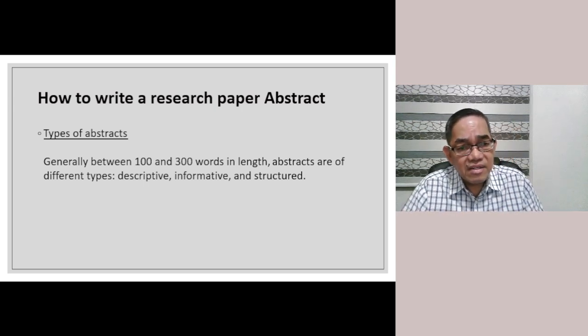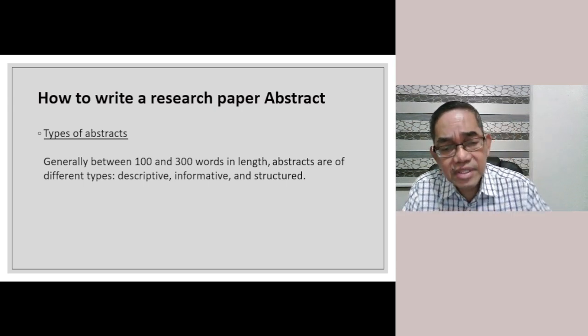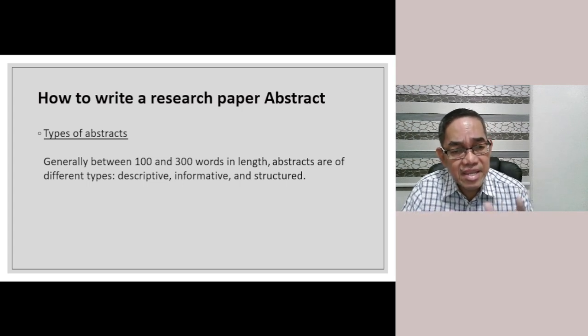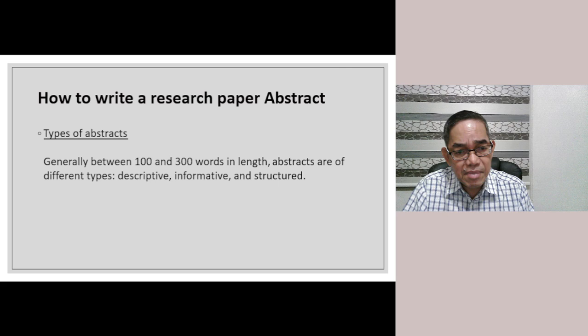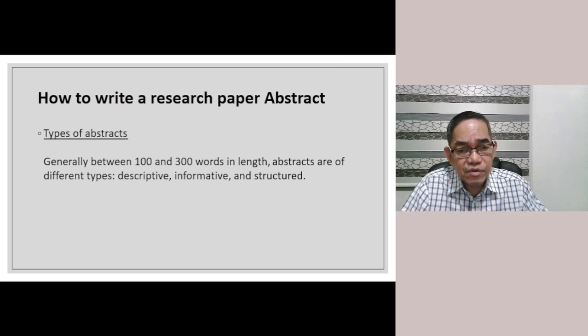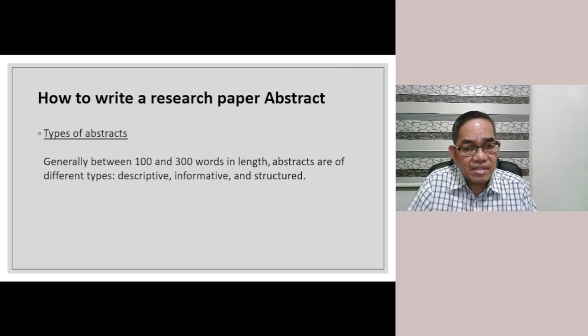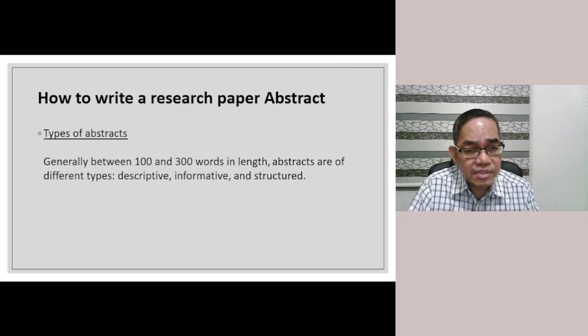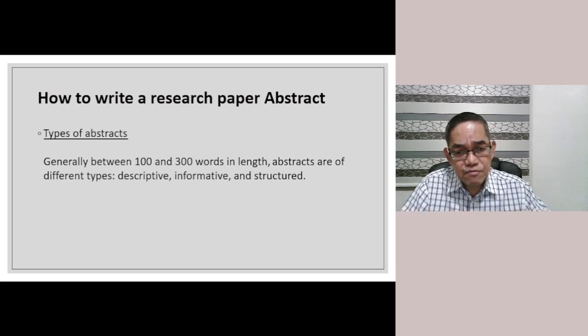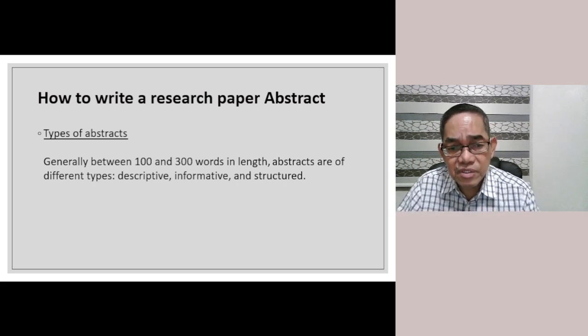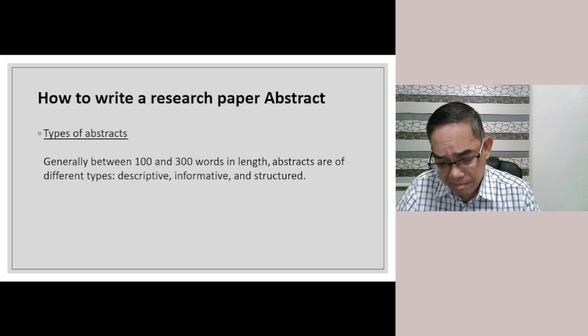And we talk of different types of abstracts, but generally, an abstract can be between 100 to 300 words, up to 300 words in length. And there are different types: the descriptive, informative, and structured. And we'll discuss each of these types.